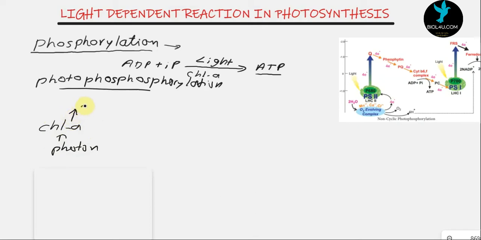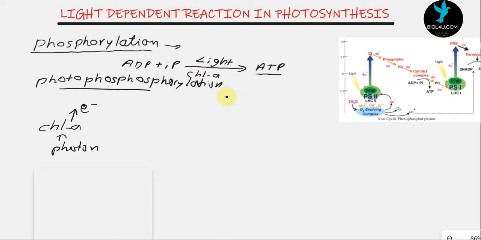Okay, and this electron is carried from one carrier to another carrier, and the energy is released, and that energy is used for the formation of ATP from ADP and inorganic phosphate. So there is an electron transfer taking place.